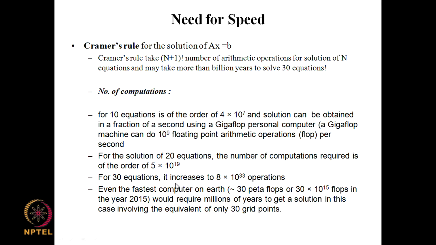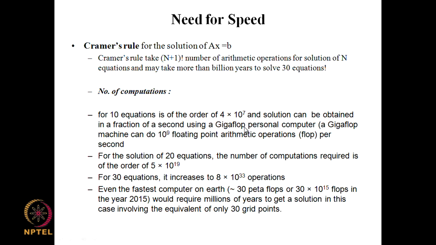And what is n cube by 3? If we go back to the morning example, say now you say that n is equal to 10,000, 10 to the power 4, then the number of arithmetic operations is 10 to the power 4 cubed, so that is 10 to the power 12. So, even for 10,000 unknowns, 10,000 equations, you require only 10 to the power 12 by 3 arithmetic operations.